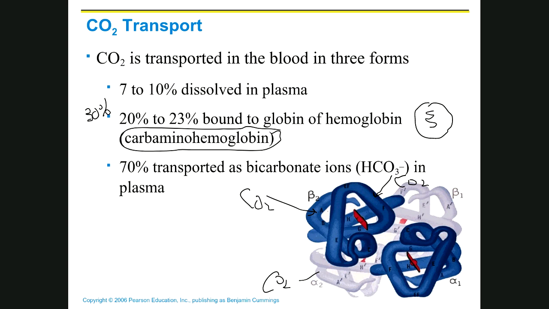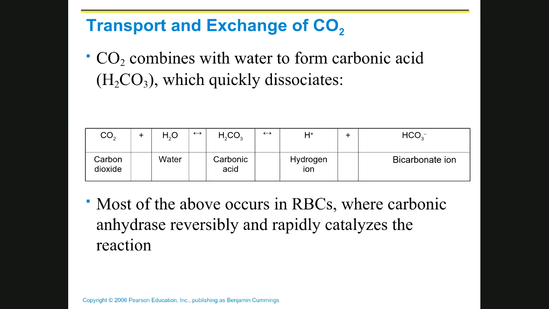So what happens to the other 70%? Well, in order to talk about that, we have to remember this equation. Remember, when you put carbon dioxide in water, some of it will automatically chemically combine. That's different from dissolving. They chemically combine.